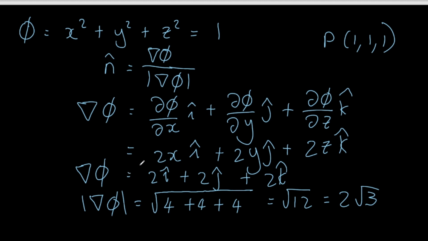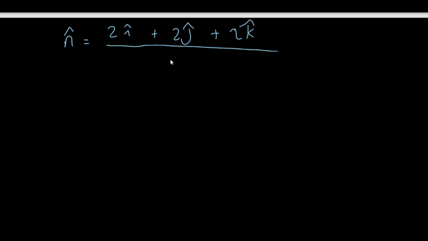So that means our normal unit vector is simply equal to the gradient vector, which was 2i plus 2j plus 2k, divided by the magnitude, which was 2 root 3.